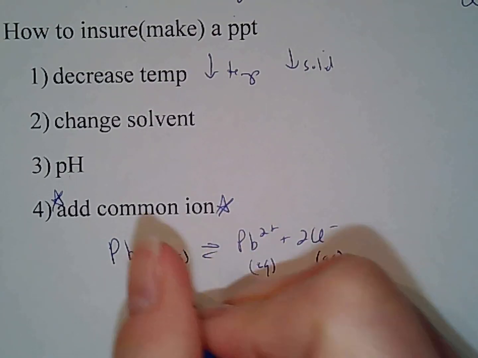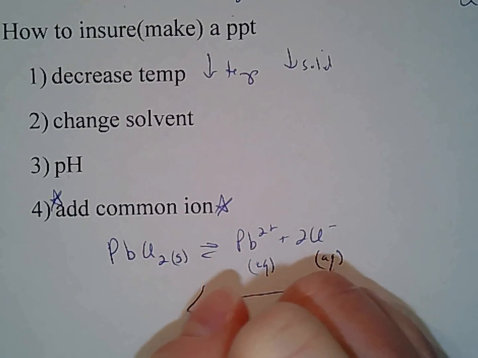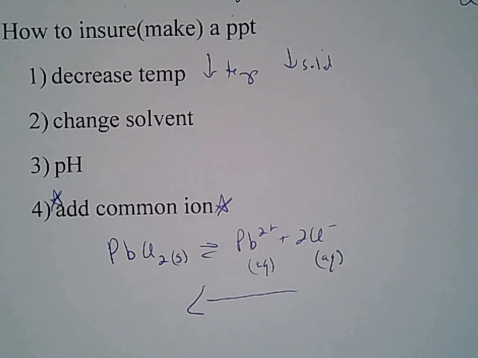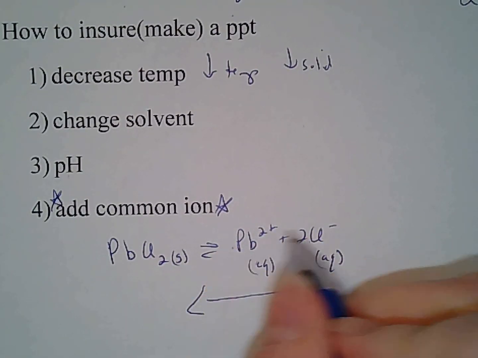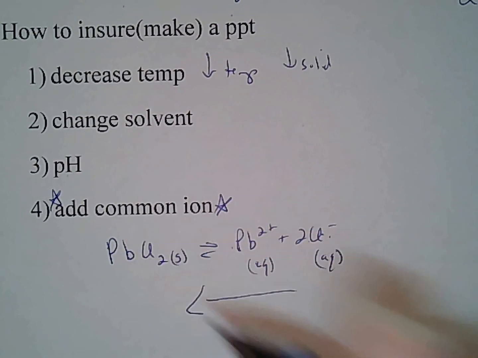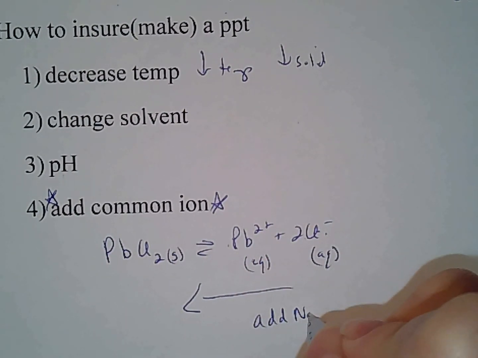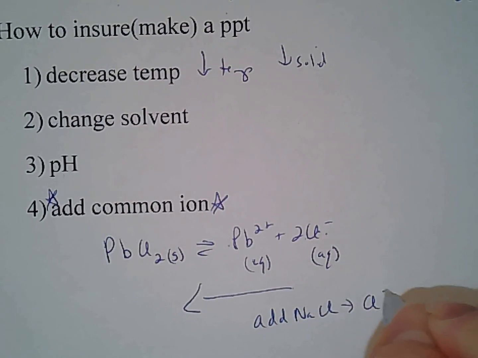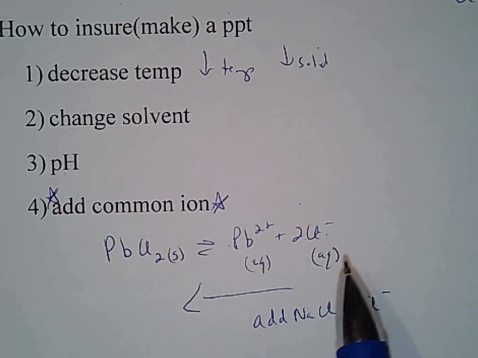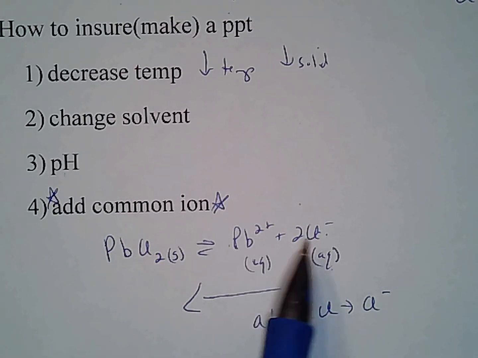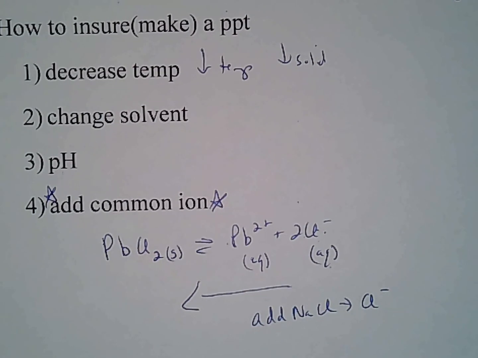If I want to have it go towards the left, so I want to shift that equilibrium to the left, what I want to do is increase these ions in order to make more of the solid. So I could easily add a sodium chloride solution, which would add the chloride ion to this equilibrium. And so I could get that to stay more in the solid rather than breaking up into the aqueous.